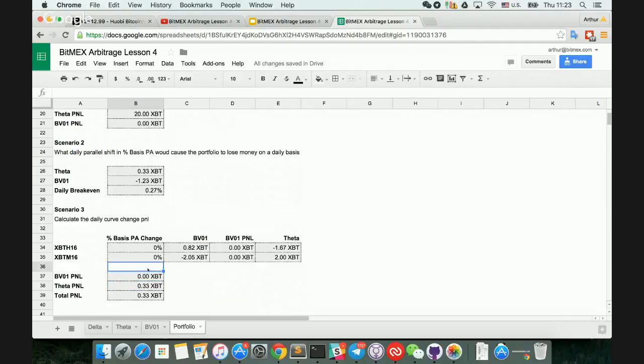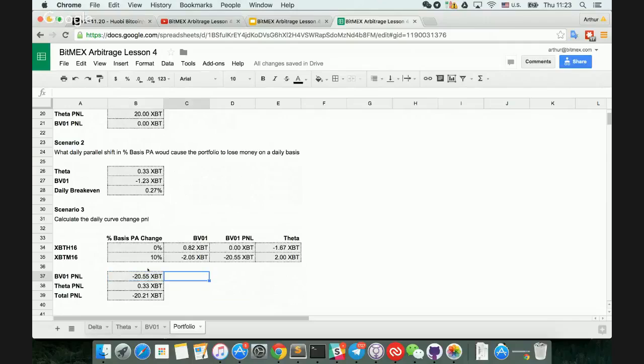However, things change in the meantime. Remember, we're short rates on the long end. So let's increase rates. The curve steepens 10% up on the long end. We're down 20 Bitcoin on a mark-to-market basis.